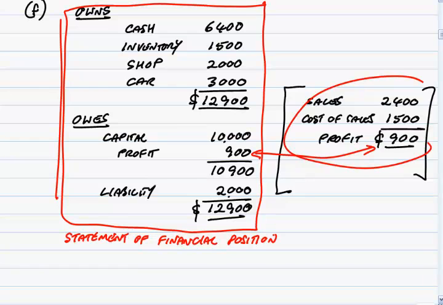At this point in time, here are our assets, worth 12,900. Here's what we owe to other people, the liabilities, 2,000. Here's what's owed to the owner, the capital. So our statement of financial position, or often just called the balance sheet.